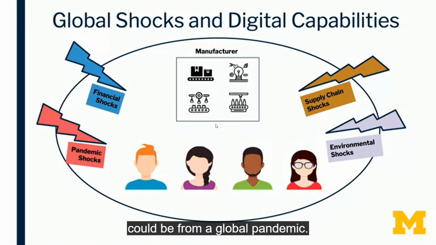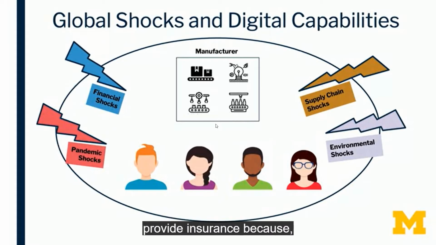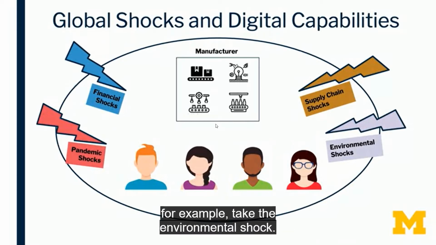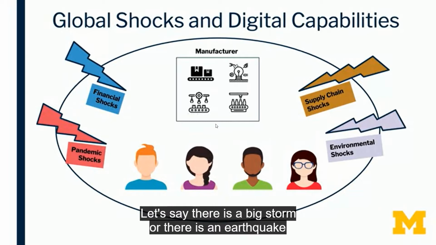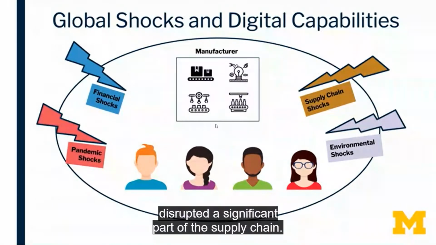But I believe that these digital capabilities provide the insurance because, for example, take the environmental shock. Let's say there is a big storm or an earthquake or a flood, which basically disrupts a significant part of the supply chain.